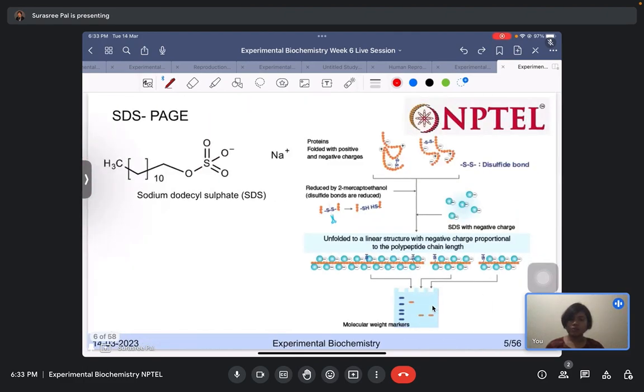Now coming in more detail to SDS-PAGE. SDS is this molecule, sodium dodecyl sulfate. What is the role of this molecule?